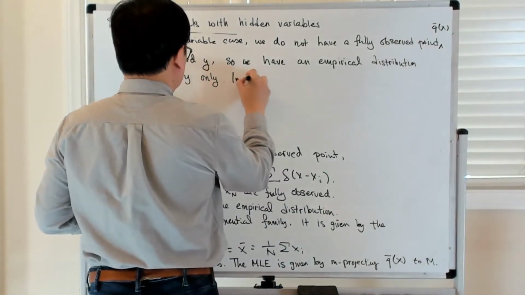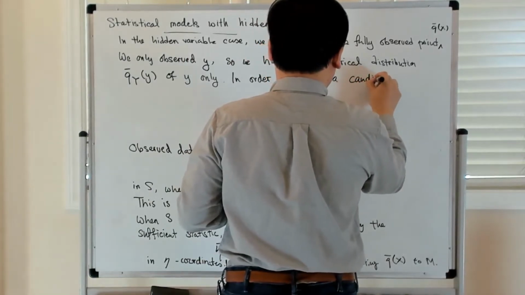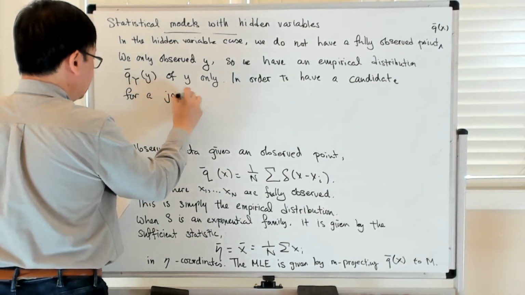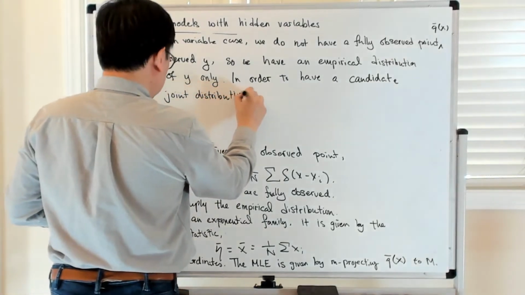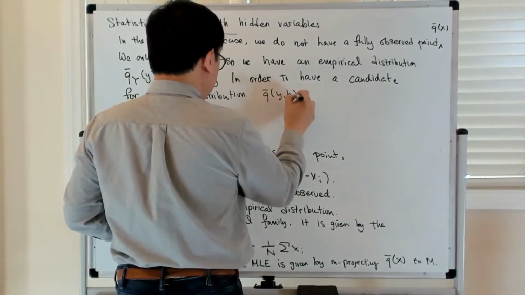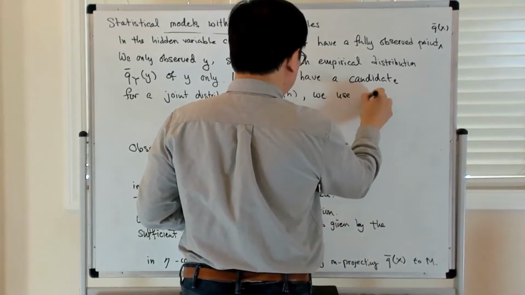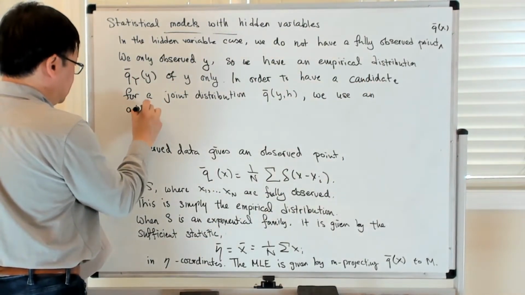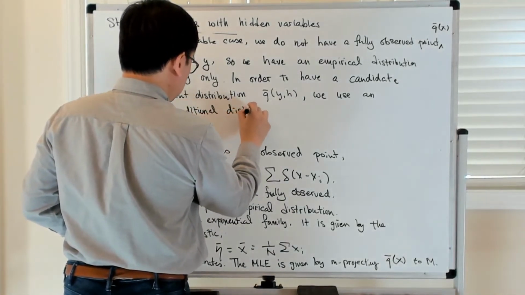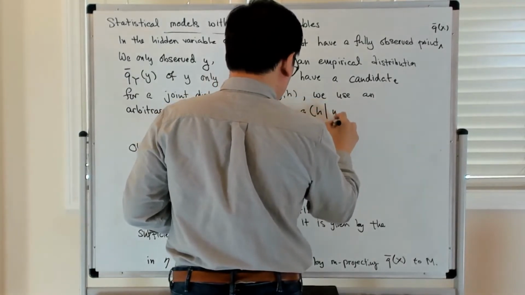In order to have a candidate for a joint distribution, let's call that Q bar, which depends on both y and h, we basically use an arbitrary conditional distribution Q of h conditioned on y, right?